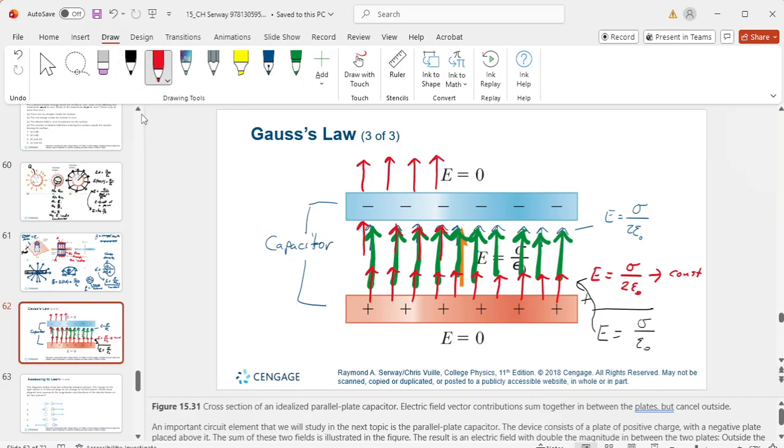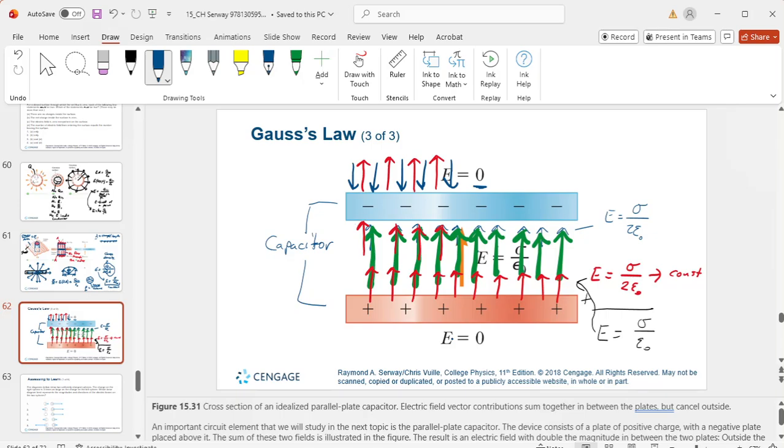But the negative sheet has constant electric field pointing toward the plate on the outside. And each of these vector pairs will cancel out. And that leaves your field at zero. The same argument holds for the plates on the other side.